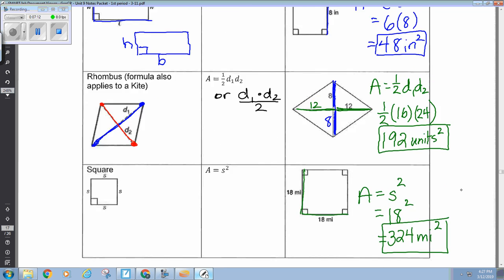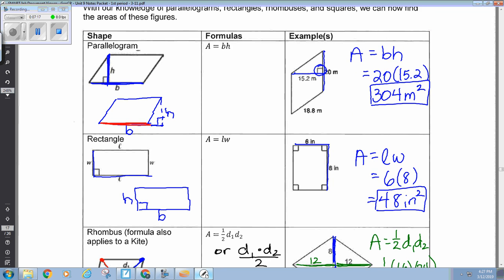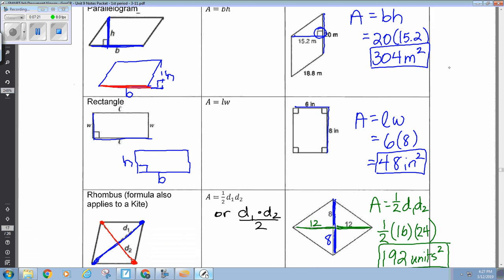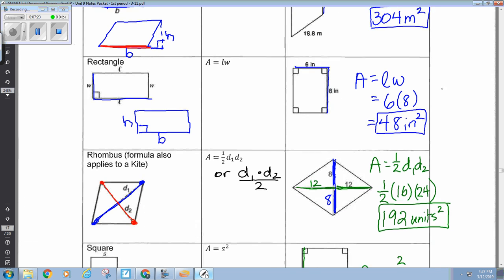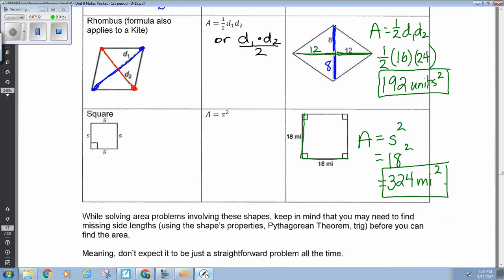So these are the basic, just straightforward, here's a shape, find the area. For a parallelogram, base times height. For a rectangle, length times width. For a rhombus, diagonal 1 times diagonal 2 divided by 2. For a square, side raised to the 2nd power.